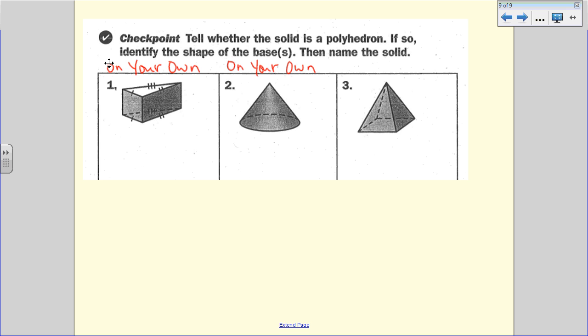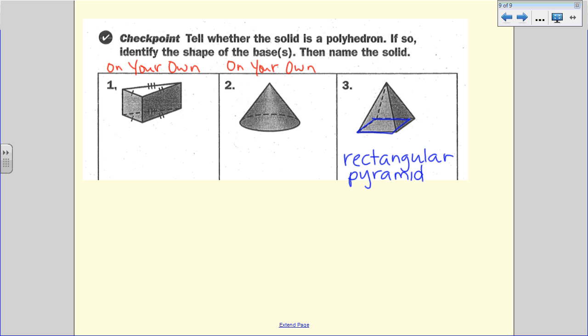Number 3, there's only one base. Everything comes to a point, so I know it's a pyramid. When I look at the base, it's 1, 2, 3, 4 sides. So it's a rectangular pyramid.